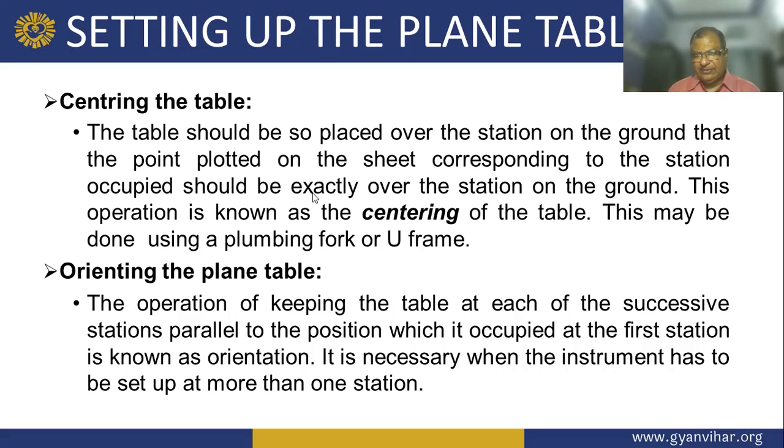Orienting the plane table. The operation of keeping the table at the successive stations parallel to the position which it occupied at the first station is known as orientation, and it is necessary when the instrument has to be set up at more than one station.